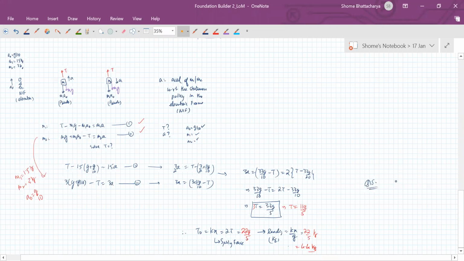So in 15, do the same thing. Make the free body diagram of the person in the non-inertial frame of the lift, of the elevator. Now that elevator one time will have an upward acceleration, one time it will have a downward acceleration. Okay, so both the things you have to consider.